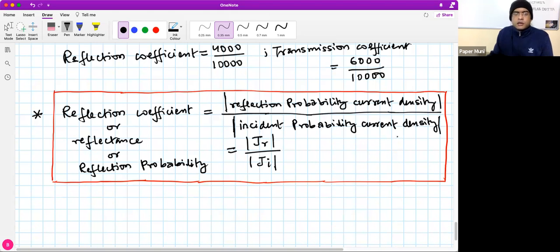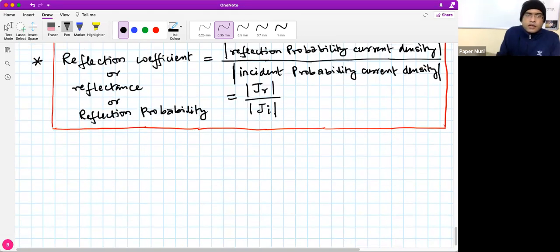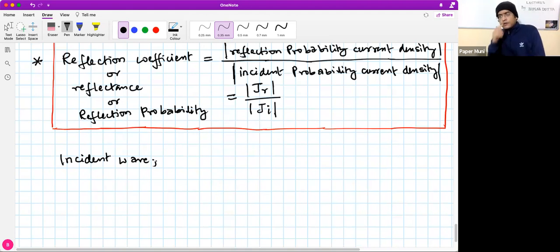All right. Now let's see what happens. What are the probability densities in each of the cases which we have described earlier. So incident wave. Now the probability density does not depend on the time factor, because we have seen this earlier also.